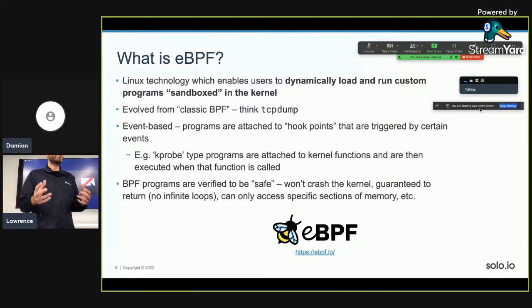Kprobes existed before BPF, but essentially you can attach a piece of functionality to any kernel function. For example, you can write a kprobe that happens on TCP connect. So whenever an application makes a system call into the kernel to connect to a host, you can have a program that runs, and that program will be able to inspect and potentially modify some of the parameters of that system call. That has already existed with something called Linux kernel modules.